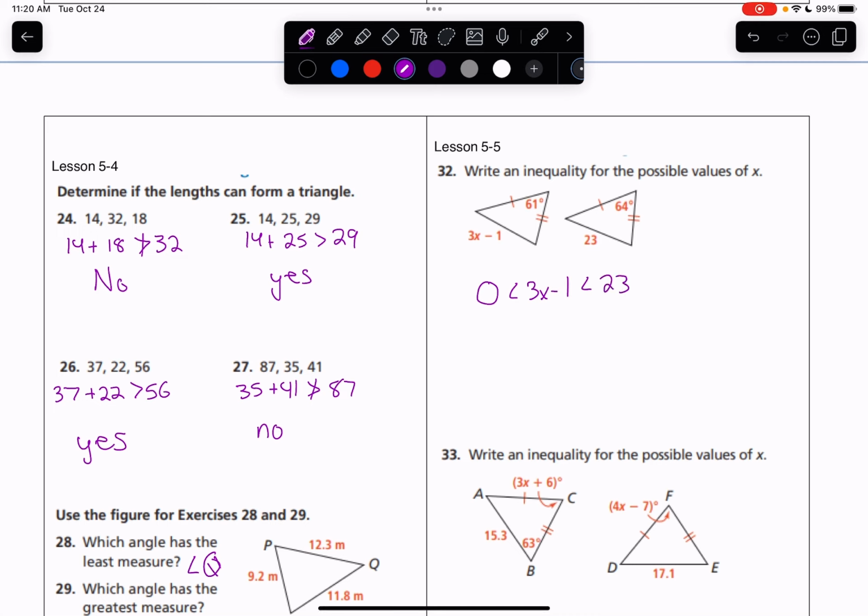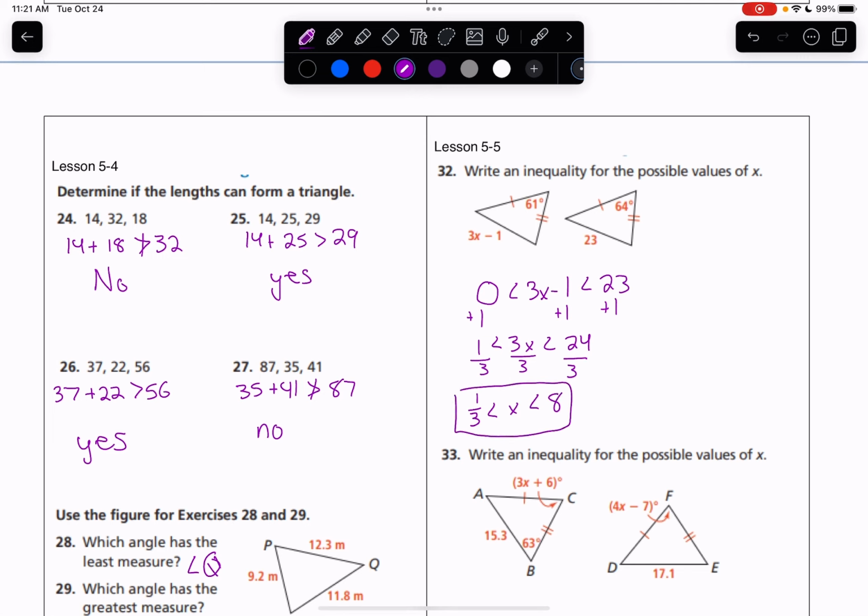So that's going to be adding 1 to both sides, dividing by 3. I end up with 1/3 is less than x is less than 8. And that's my possible values of x.